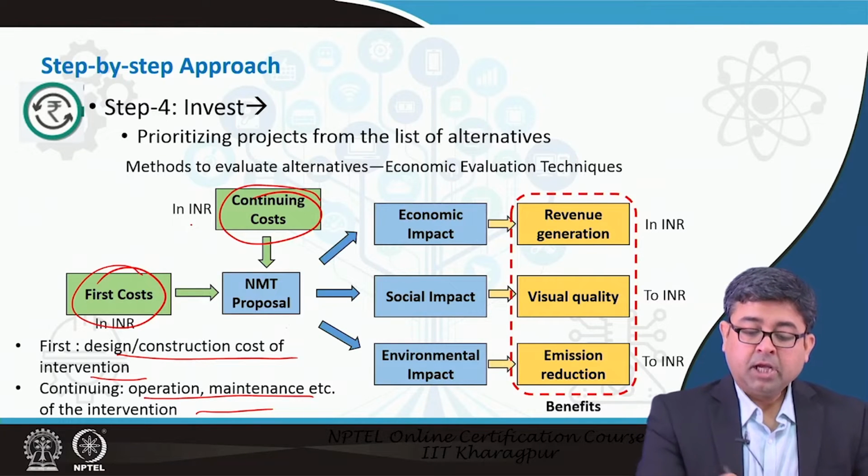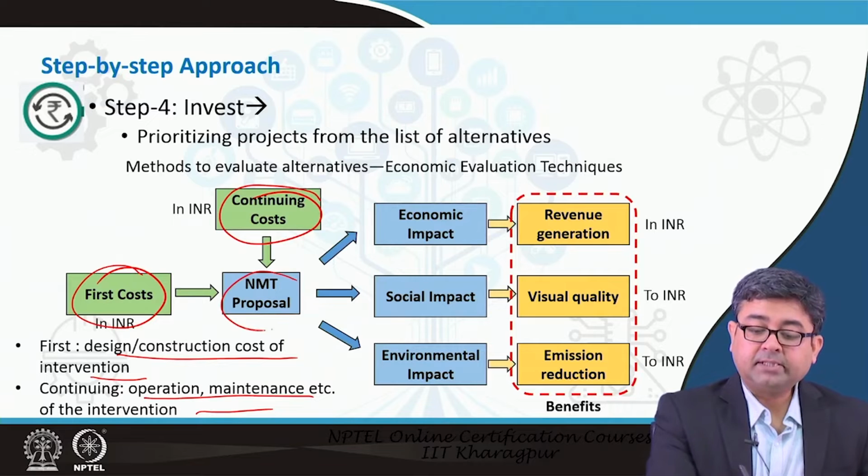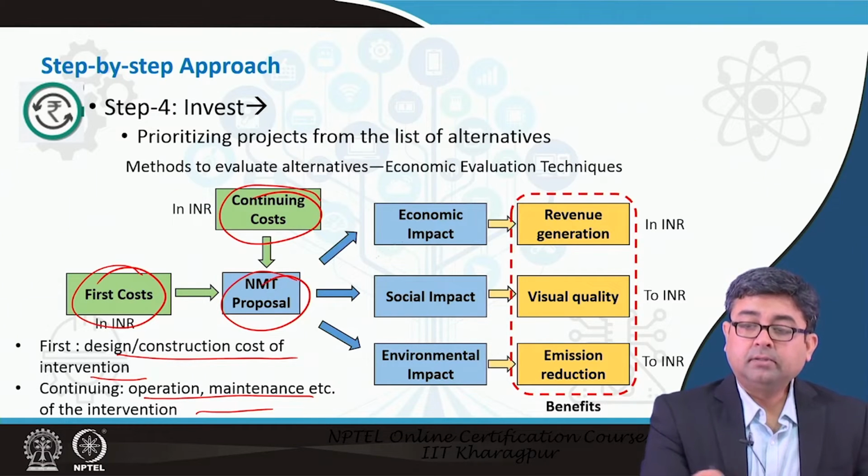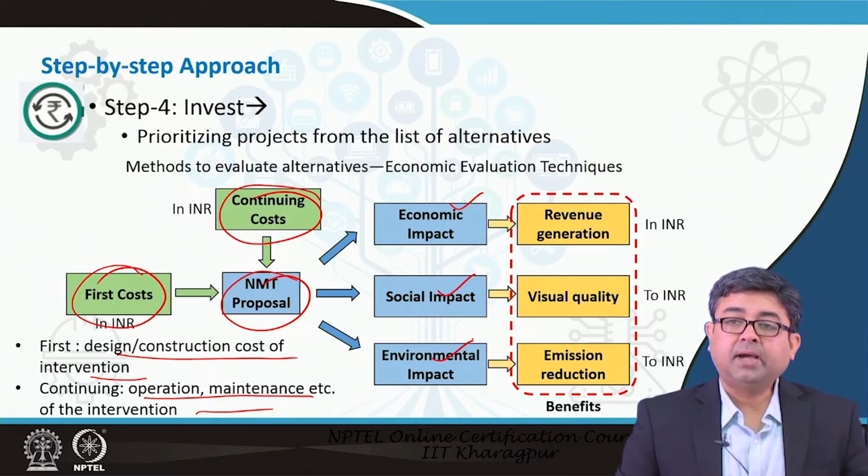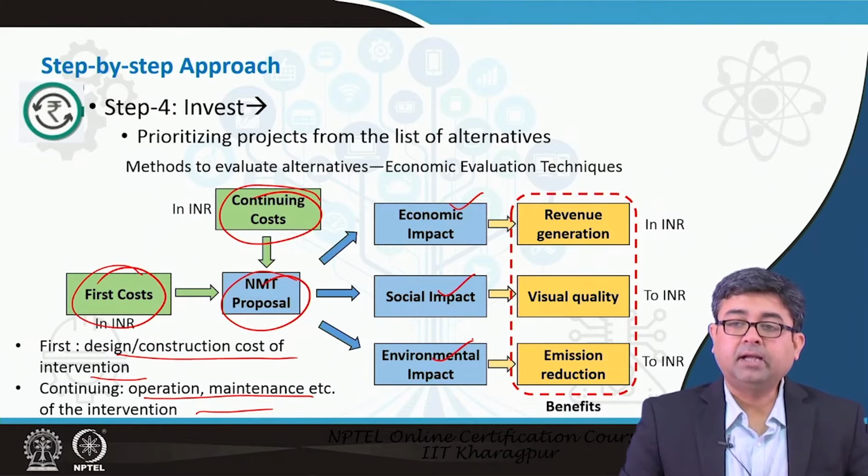proposal. Now, based on the NMT proposal, there are different types of benefits or impacts that it might have. It might have a social impact, an economic impact, or an environmental impact.